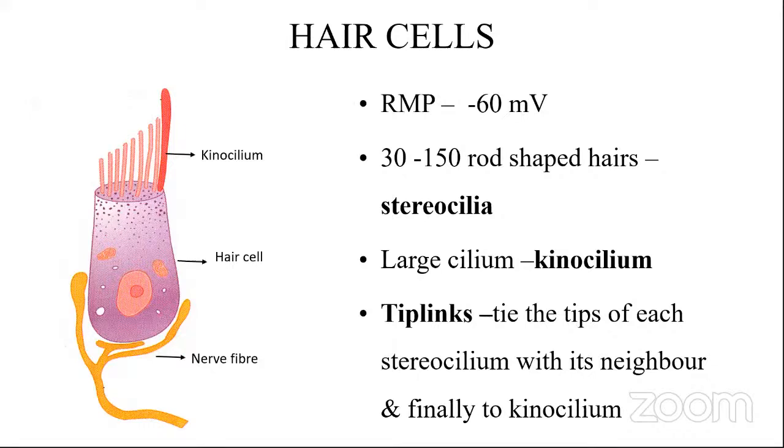So here you can see the hair cell, an elongated structure. The resting membrane potential is minus 60 millivolts. And there are 30 to 150 rod-shaped short hairs, known as stereocilia.